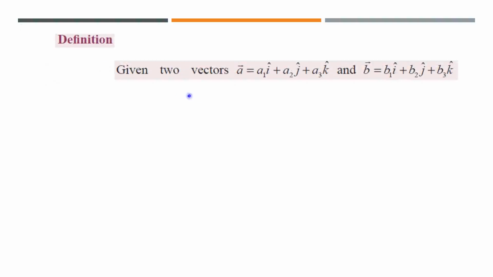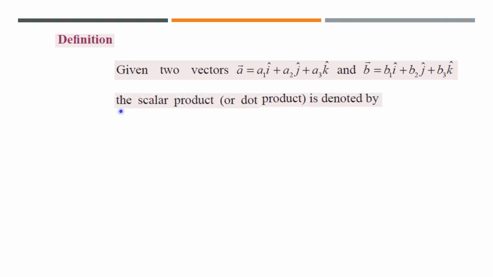See this, given two vectors, a vector is equal to a1 i cap plus a2 j cap plus a3 k cap. Here cap symbol represents the unit vector, and b vector is equal to b1 i cap plus b2 j cap plus b3 k cap. Then the scalar product, or dot product. The other name of the scalar product is dot product, and it is denoted by a vector dot b vector.